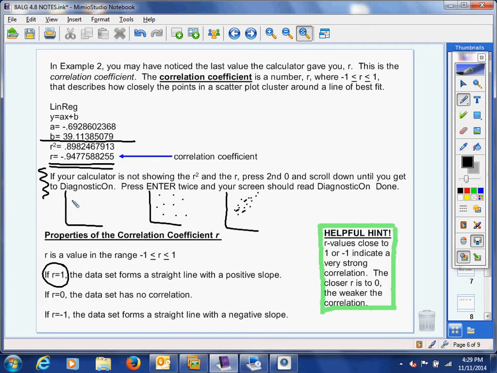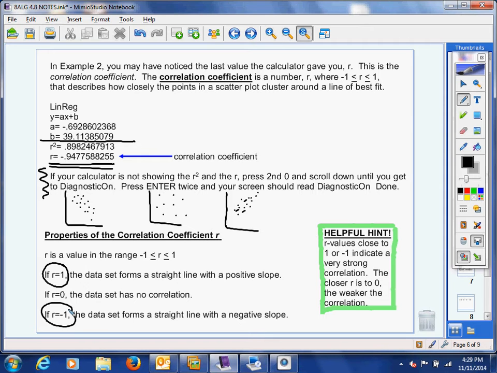And then we did talk about points that are clustered but leaning left. That data set is going to have a decimal real close to -1. So it should show up as -0.9, -0.8, something like that, that would indicate that negative slope, a very strongly negative correlation, okay?